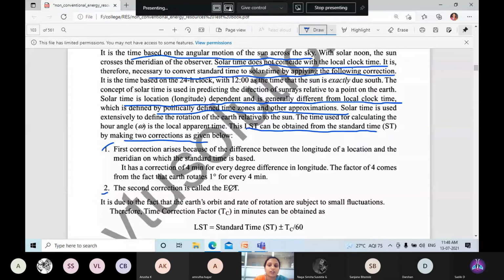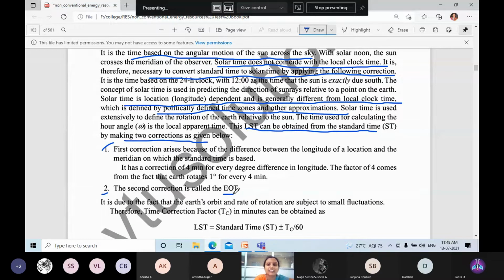The factor of 4 comes from the fact that Earth rotates 1 degree for every 4 minutes. So every 1 degree of rotation, 4 minutes will vary. The second correction is the equation of time.